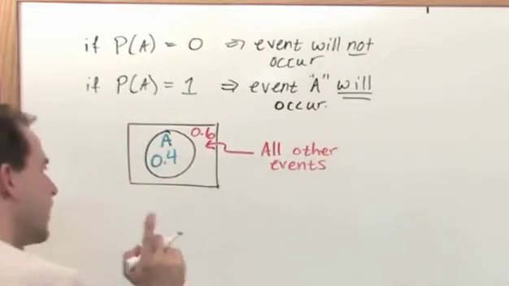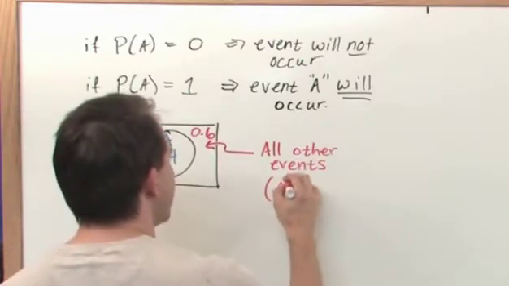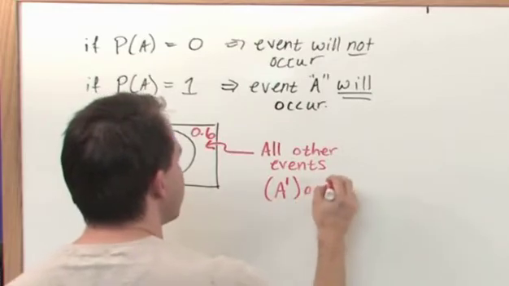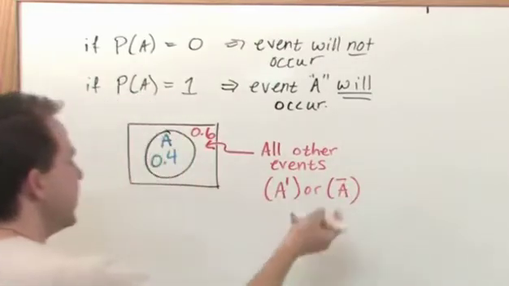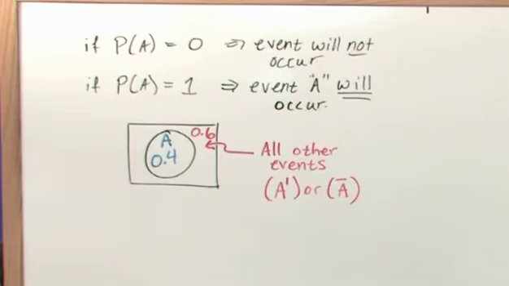And you usually write that as A with a prime or A with a bar on top. You'll see it either way in your book, and it depends on what book you're using.